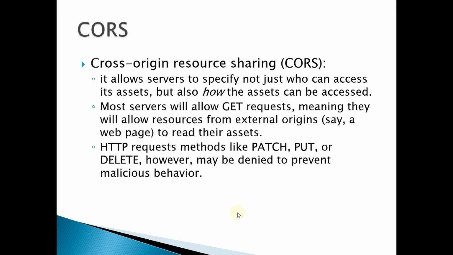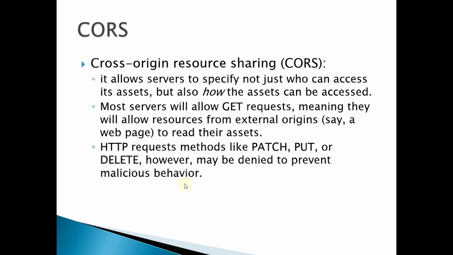While for the methods that are very important, which can change the state of our database, like PATCH, PUT, DELETE, and POST, we have to define whether the application which is accessing us can do these operations or not. HTTP request methods like PATCH, PUT, or DELETE may be denied to prevent malicious behavior from a source which is not defined to get access to update our DB.